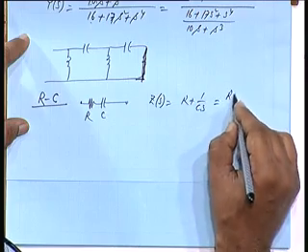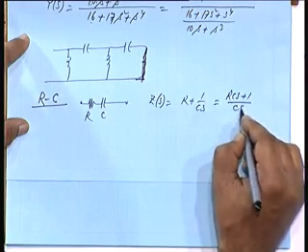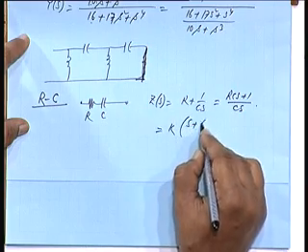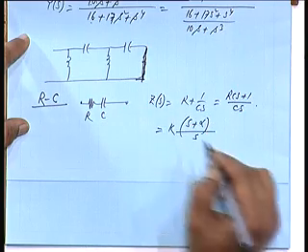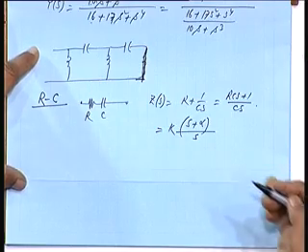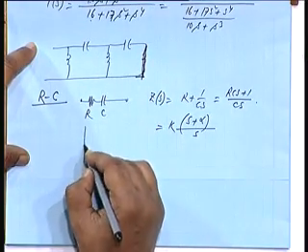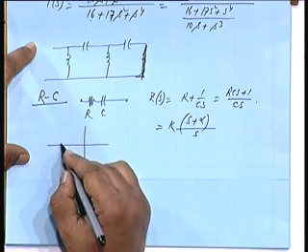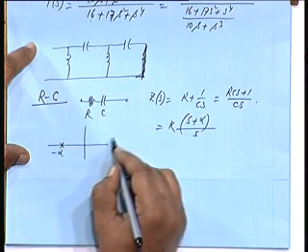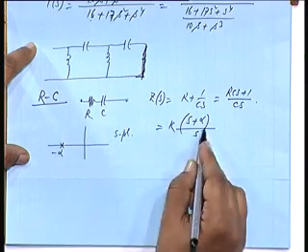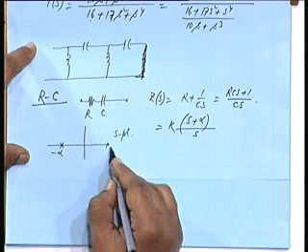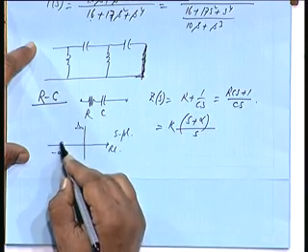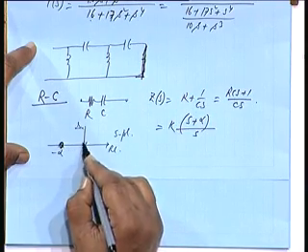So, that is (RCs plus 1) by Cs. So, it is K into (s plus alpha) by s in this form. So, the roots are 0 at minus alpha, this is s plane, it is real, and pole at the origin.